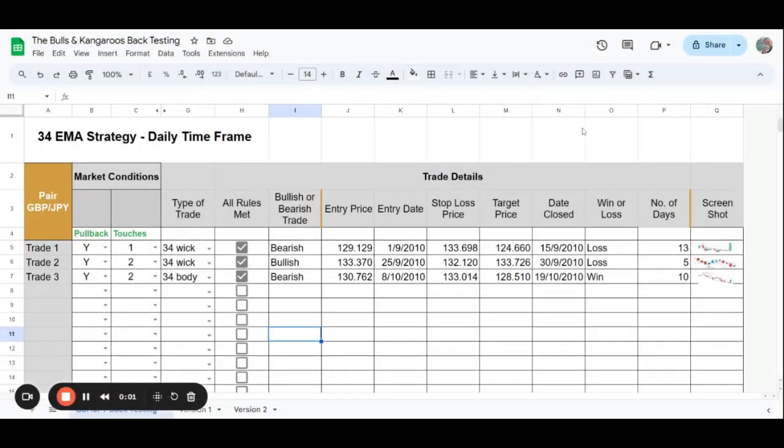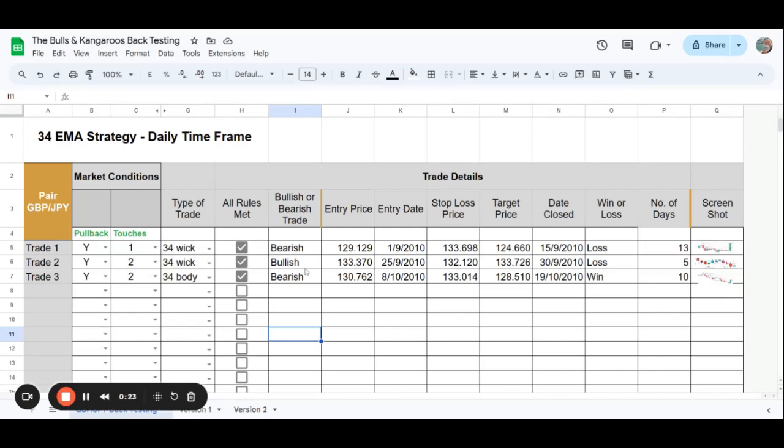Right, here we are at our spreadsheet. To save a little bit of time, I've already input the information. As you can see, I've got the 3 trades in. I've put in the pullbacks, the number of touches, whether it's on the wick or the body of the candle. All our rules have been met.